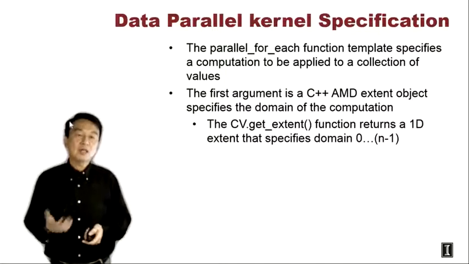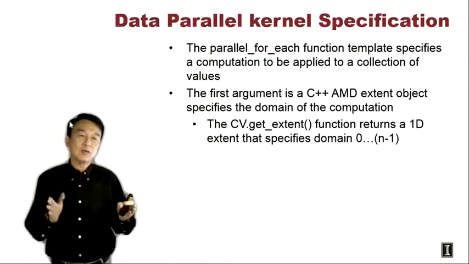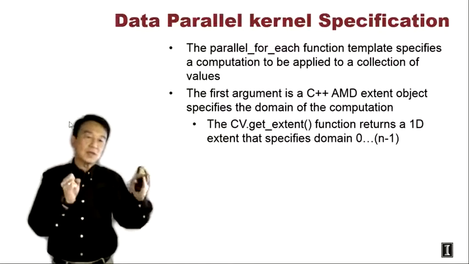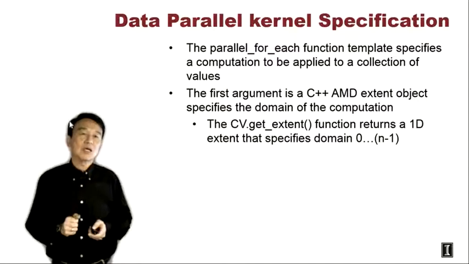In our code example, we use the cv.getInExtent() function that returns a one-dimensional extent that specifies the domain of element 0 through element n-1 in the vector that will be used for the data parallel computation.